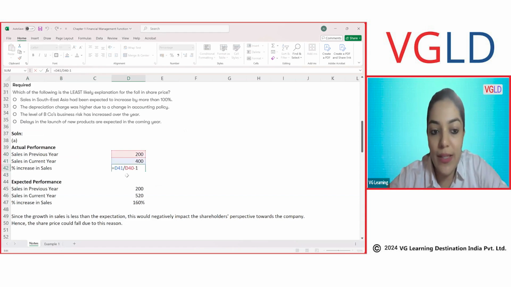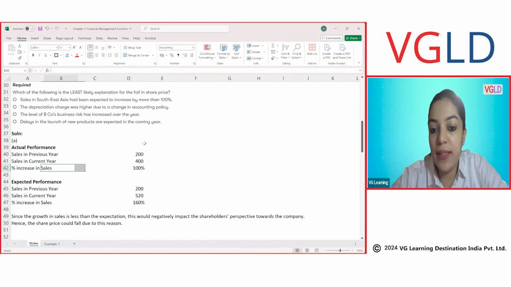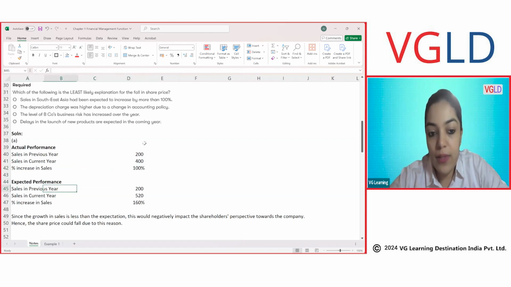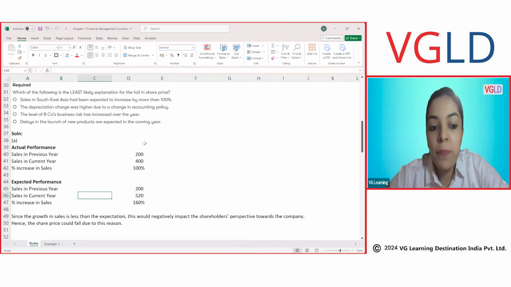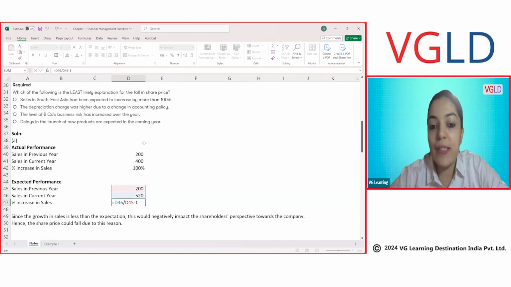So what is the percentage increase? 400 by 200 minus 1, that means there is a 100% increase. Expected performance, however, was that sales in the previous year was 200, but the shareholders expected that sales in the current year would be 520. That means the increase would be 160%. These are random numbers, don't think about where they are coming from.